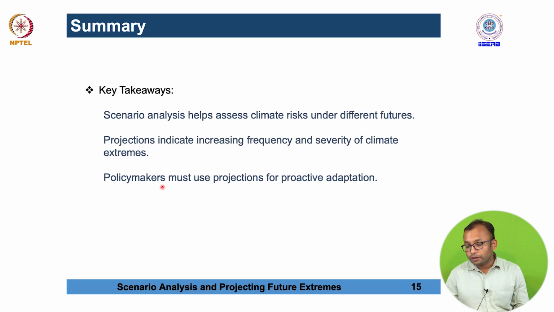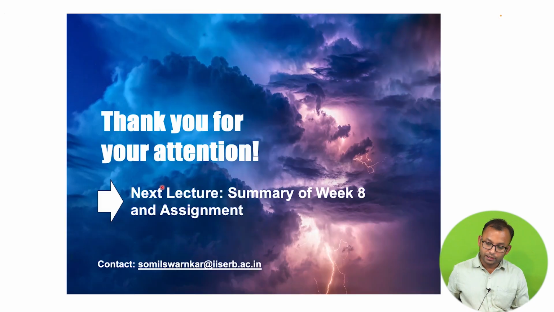Or how we can accurately calculate the uncertainties in our projections, and mitigate their effect or reduce that uncertainty so that we can have better and reliable results out of the climate models like that. So, this is primarily what we have discussed so far in this particular lecture.